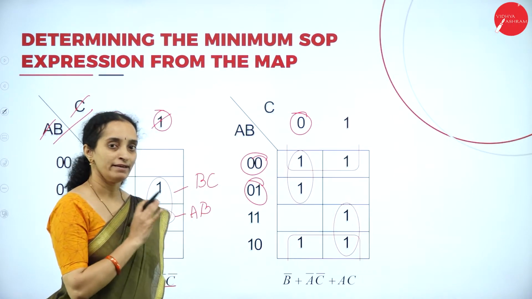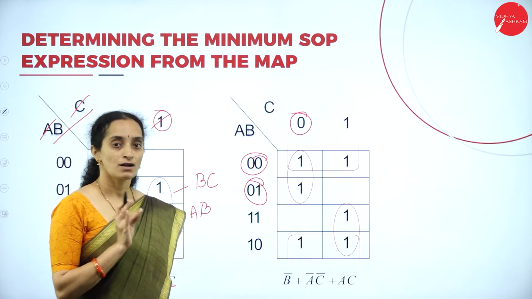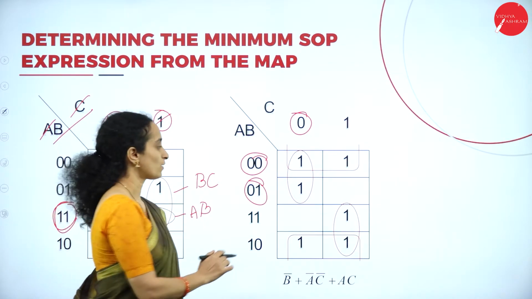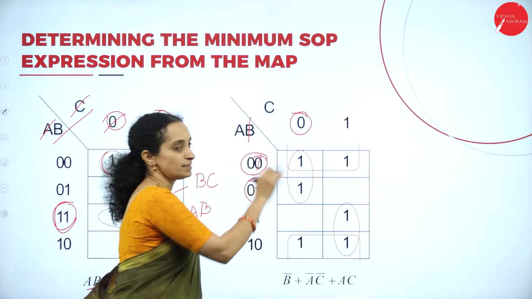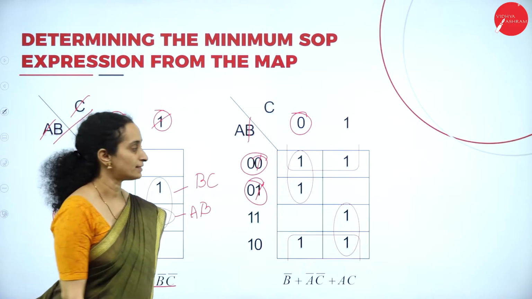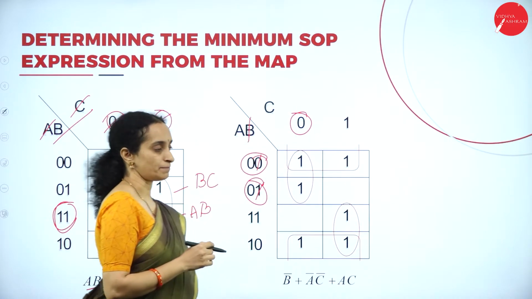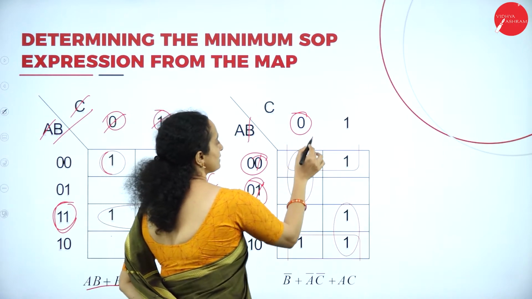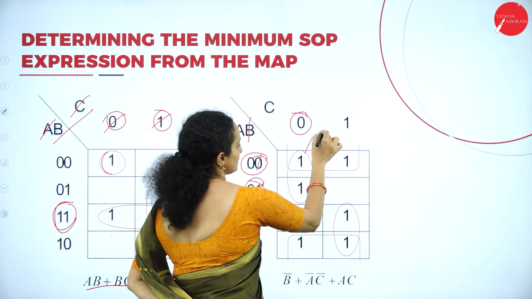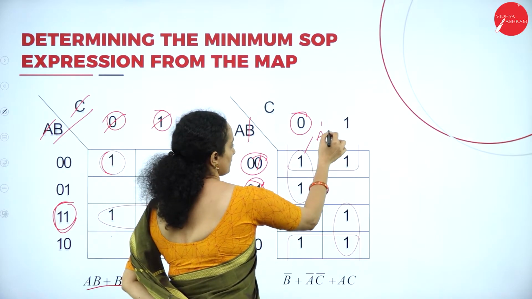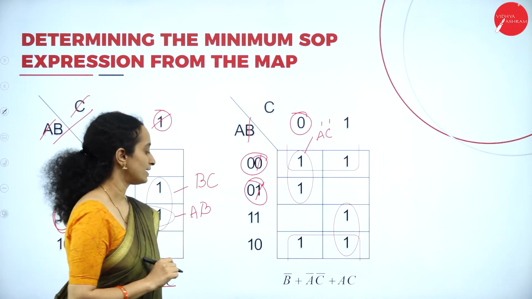So variable A will be as it is, whereas B is having complement and non-complement form. This will be cancelled. This means variable B is cancelled. C doesn't have anything to compare. C will be kept. So the first group has the expression A in the complement form, that is A dash, and C in the complement form, that is C dash.